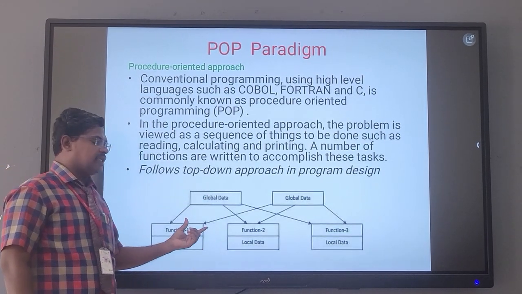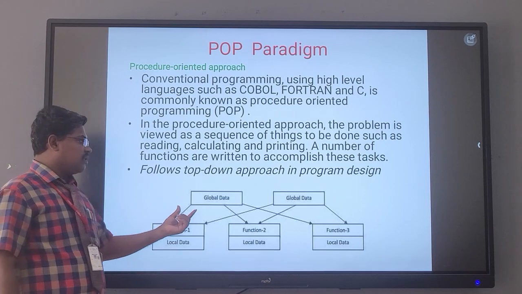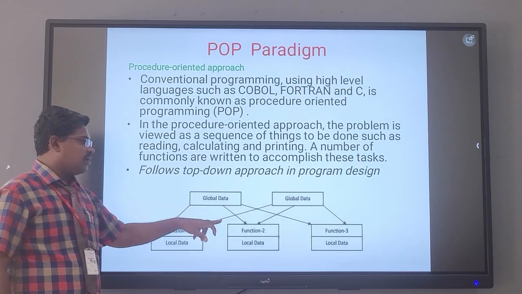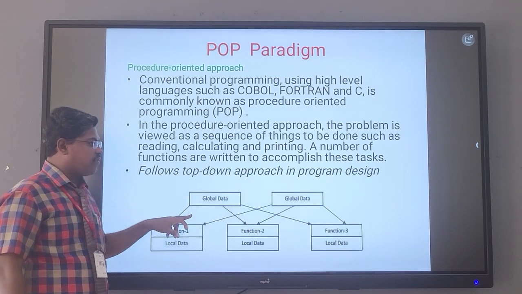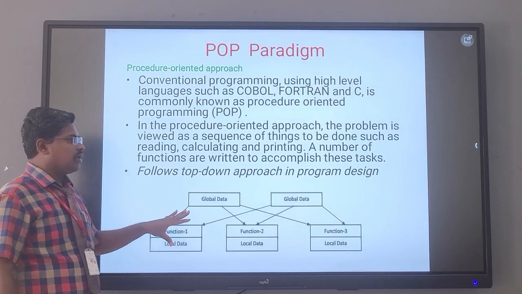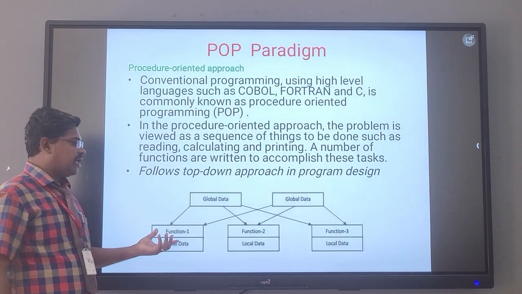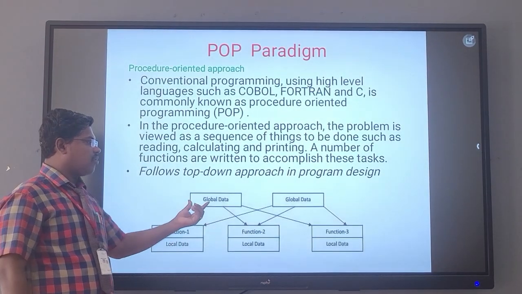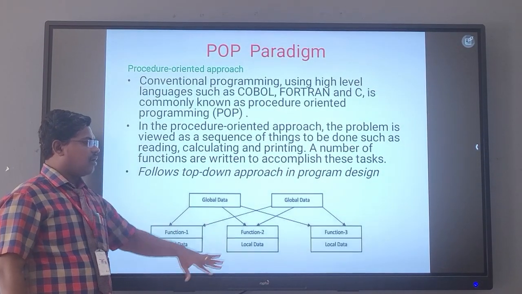Let us see the picture. The global data can be used by any n number of functions. In this program, a developer creates one, two, three or n number of functions. The global data can be used by any one or more of the functions.